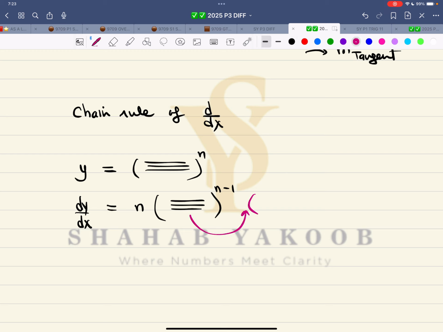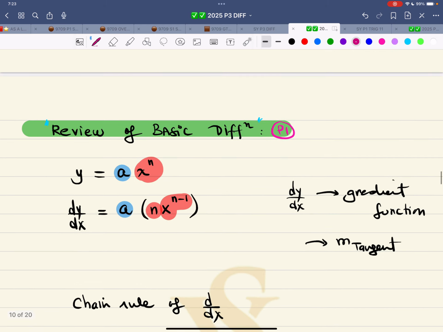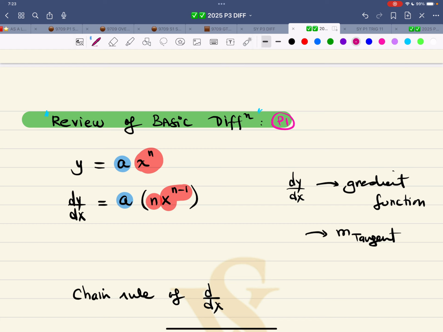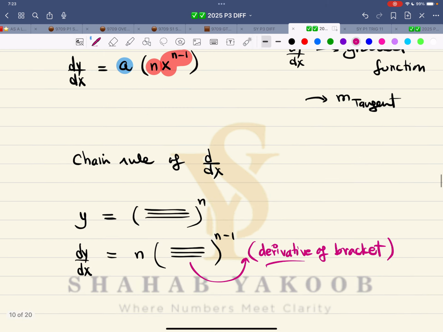What is that? Don't forget to multiply by the derivative of the bracket. Differentiation is the new term, derivation is the old term, so what we get after differentiation is known as the derivative. So don't forget to multiply by the derivative of the bracket. This is rule number 1, and this one is rule number 2.